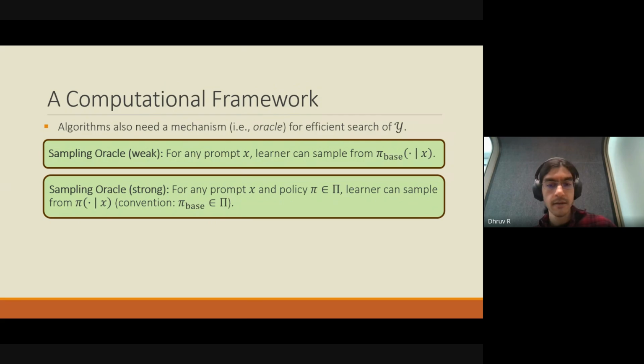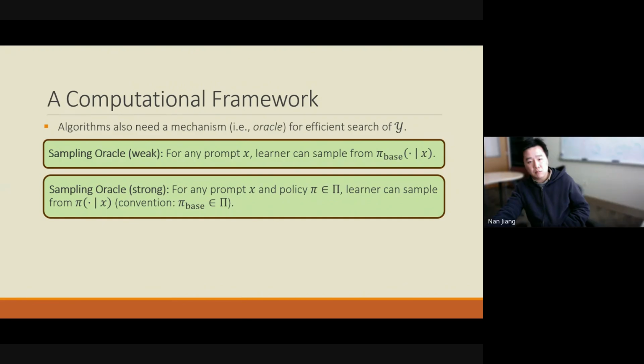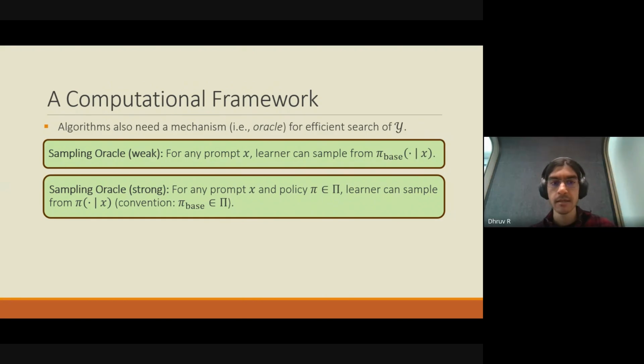Yes, in some sense. It becomes more subtle when you're trying to talk about explicit computational complexity, because we're not actually fine-tuning a transformer model in this setup. But there are definitely algorithms in practice that do assume the strong sampling oracle because they're doing exactly what you said.